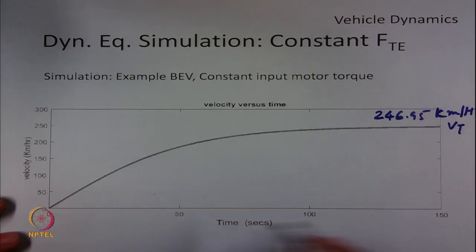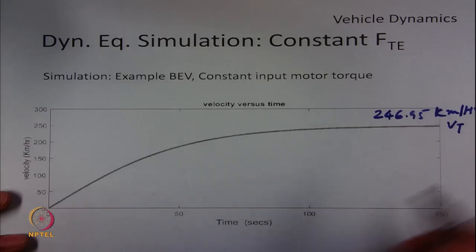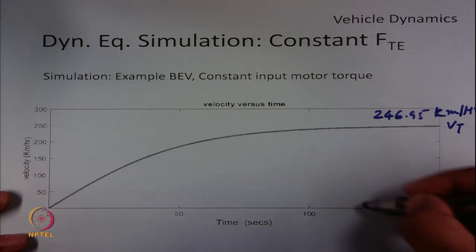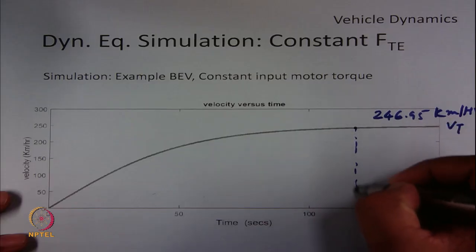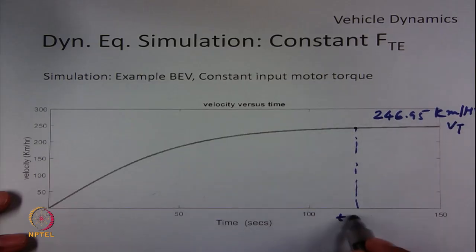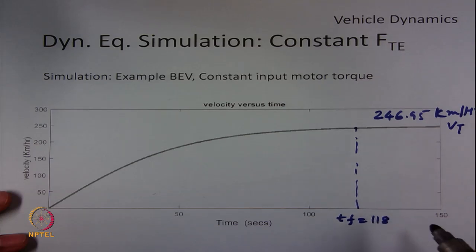So, the time required to reach 98% of this speed, which is 242, will come at a time somewhere here. So, this is Tf equal to 118.17 seconds.